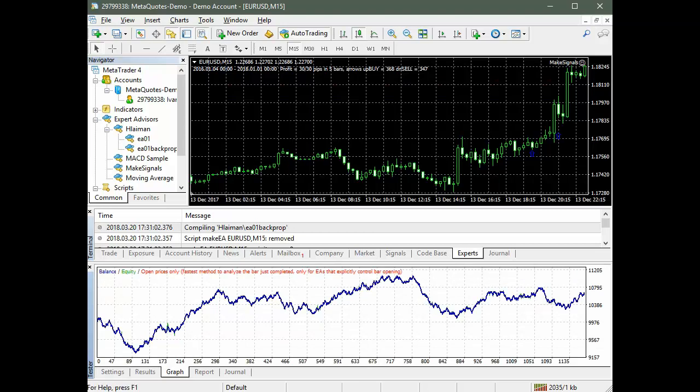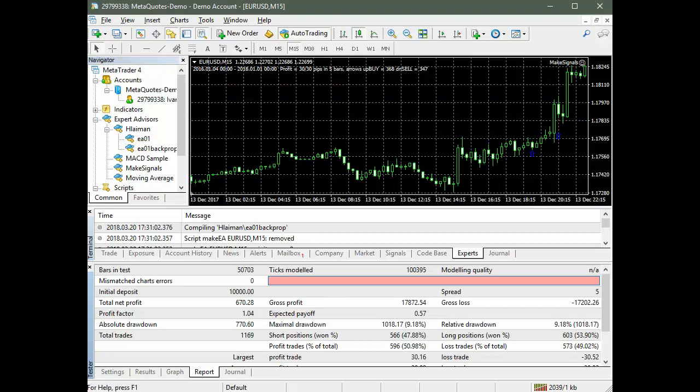We can see the results are not satisfactory. About 51% are profitable trades in the data period at which the neural network was trained.